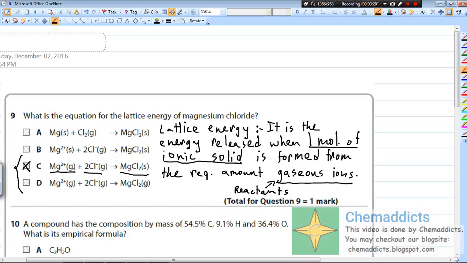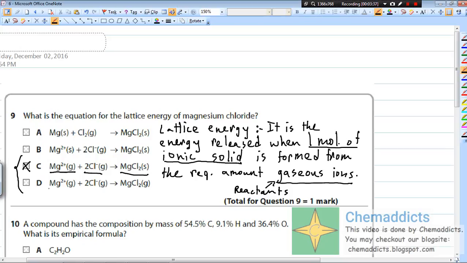Since the reactants are gaseous and the product is solid, C should be the answer.